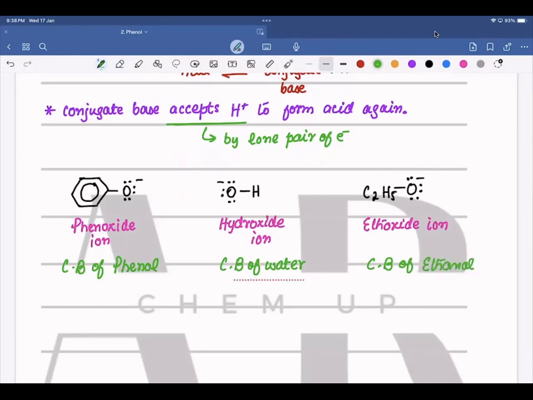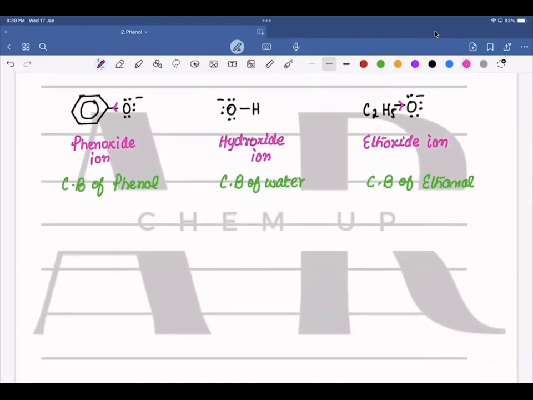Okay. In ethoxide ion, what will happen? The ethyl group is electron donating in nature, so it donates electrons to the oxygen. As a result, the negative charge density, or the availability of lone pair, is enhanced on the oxygen of the ethoxide ion, right?